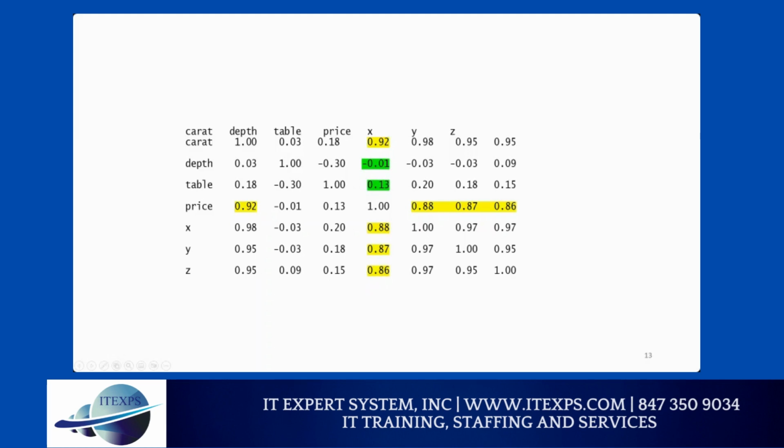So first thing is depth and table don't have any relation. That's why we thought of removing depth and table from the analysis. Second thing, out of remaining 4 parameters, we can choose any one. We thought of taking only one.